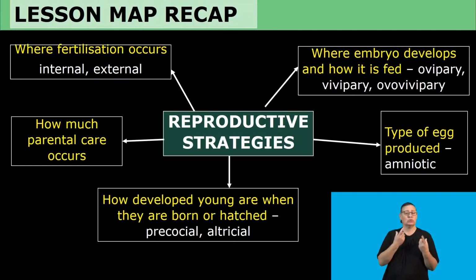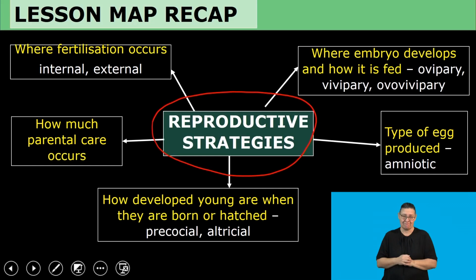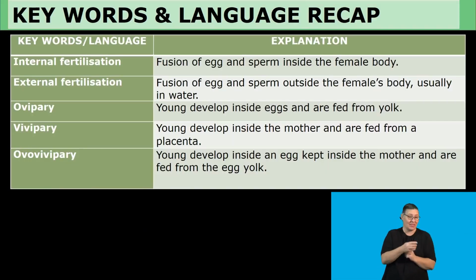Welcome, learners, as we wrap up today. We have done a lot. Just remember our lesson map recap. We really engaged with all the branches that we have on our reproductive strategies. The keywords, remember, we engaged with them.